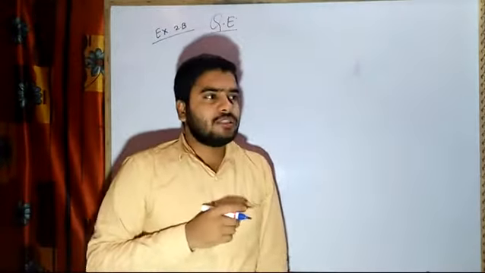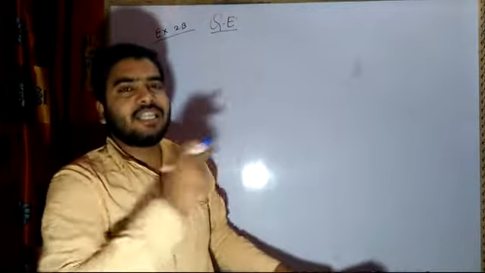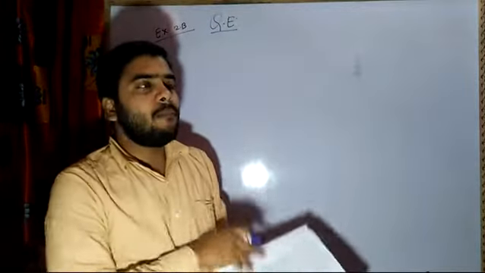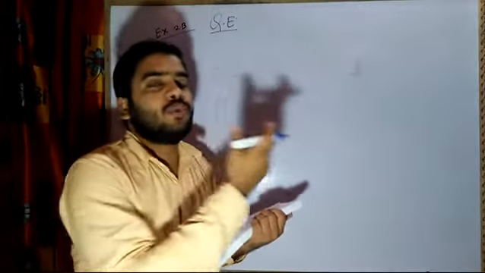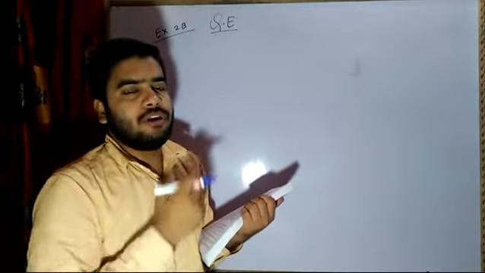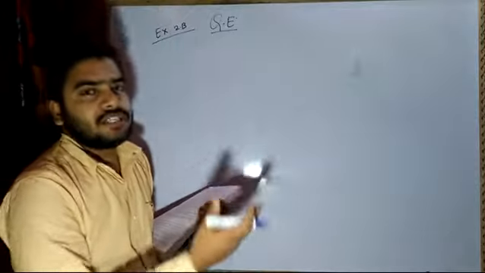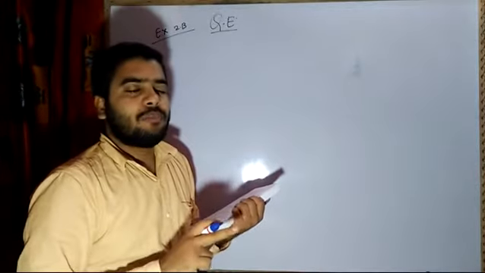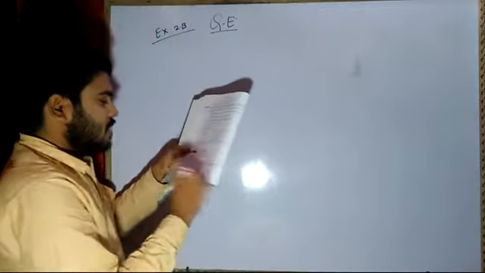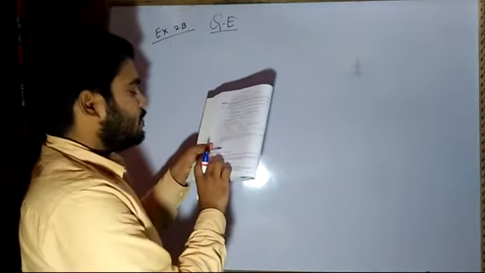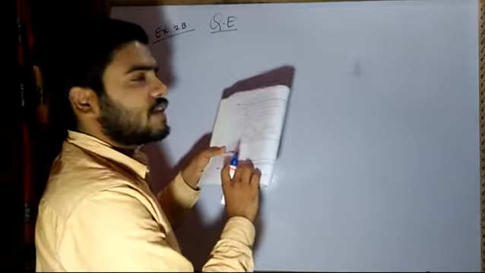Now, the question says mileage is based on distance per liter. How much distance for 1 liter a vehicle is going to cover. If the distance for 1 liter of petrol is more, the mileage of that vehicle will be better. So here, for the first car, for every liter of petrol, one car travels x kilometer.